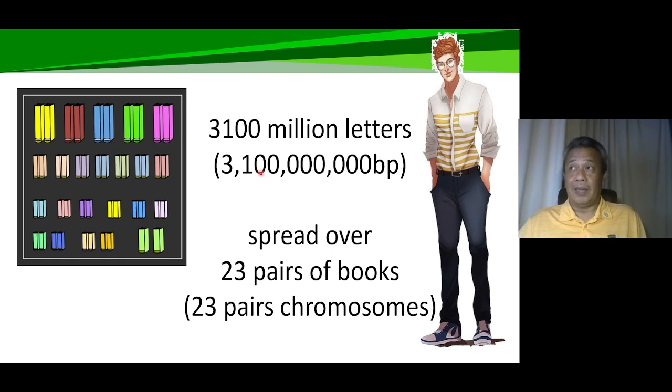So 3 billion base pairs for a haploid genome. Haploid means a single set. When it comes in pairs, it's called a diploid, but if you just take one of each, it's called a haploid. So 3 billion base pairs of sequence is what you can see in the human cell.